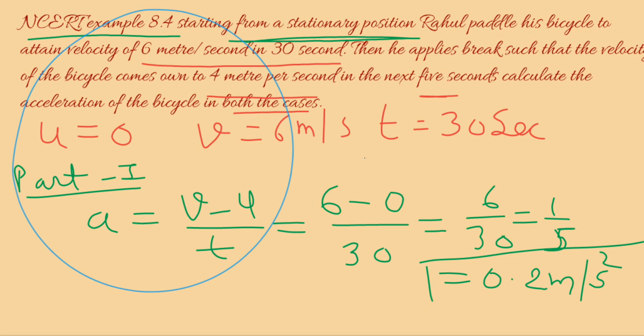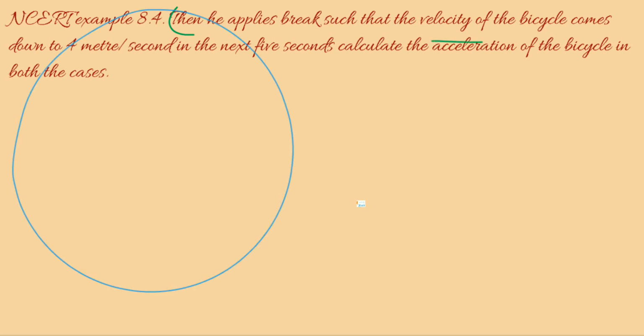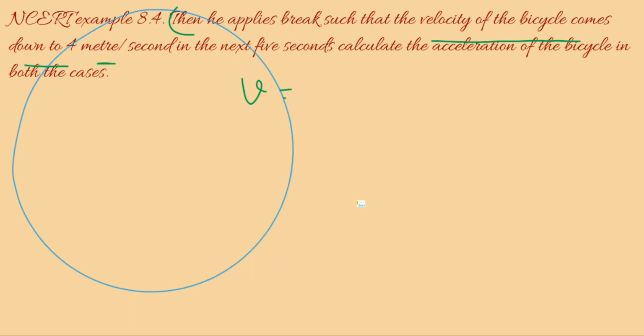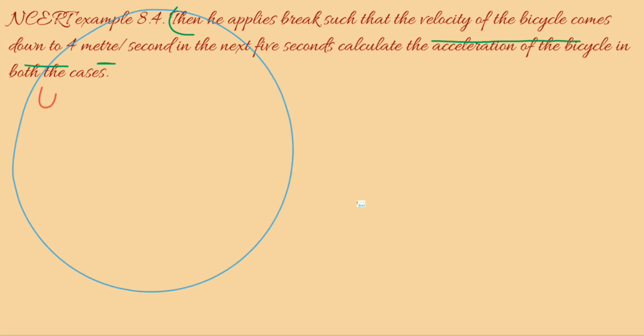Now for the second part. Then he applies the brake such that the velocity of the bicycle comes down to 4 meter per second. That means the final velocity this time is v equals 4.